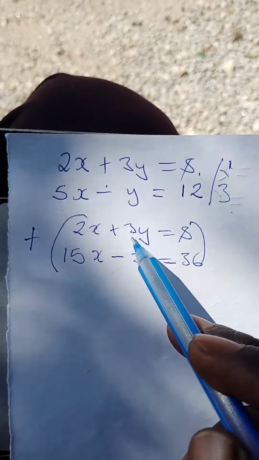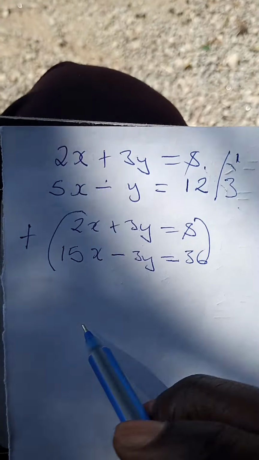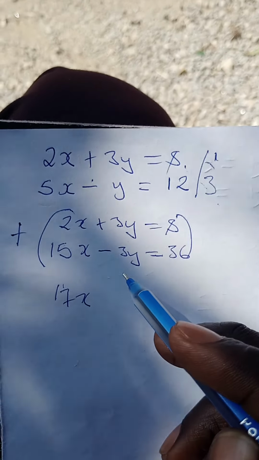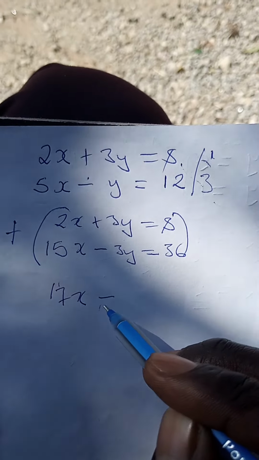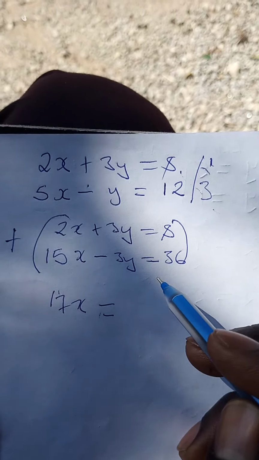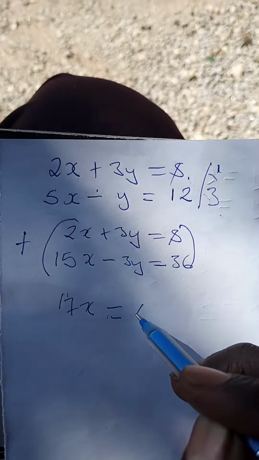So you say 2x plus 15x, this one will give you 17x, and this one's 0, then it should be equal to 8 plus 36, this one will give you 44. See that? So for you to only have x, what will you do now?